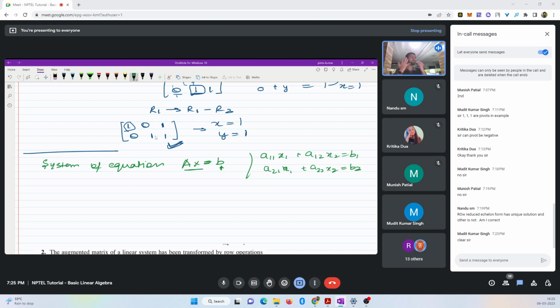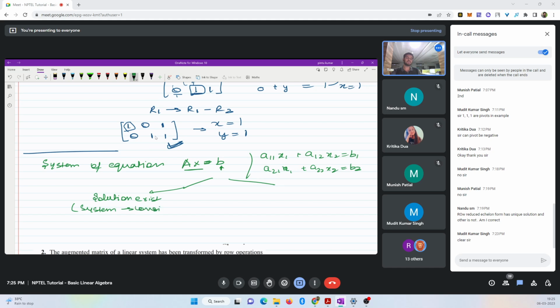Now, does a solution always exist for our system of equations? The answer is clearly no. So there are three cases that would arise. First we'll have two cases: the solution exists. In this case we call the system consistent.